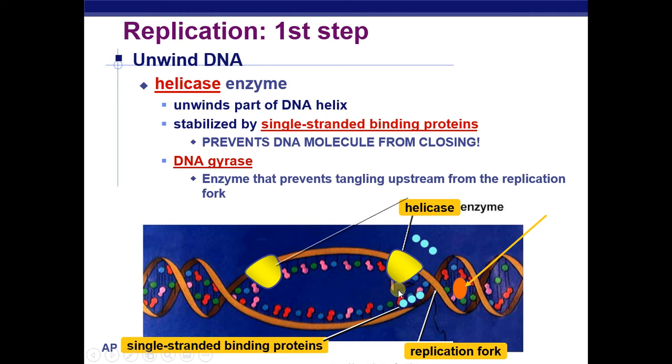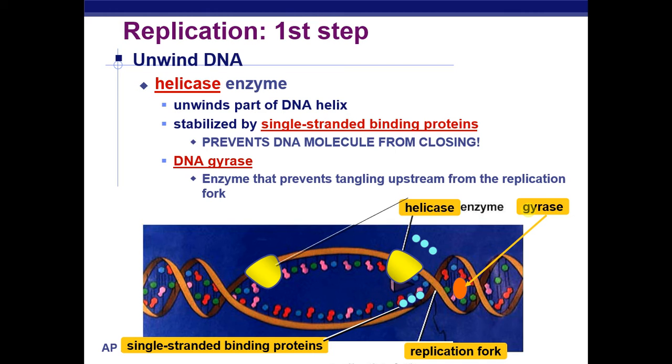And this site right here, right where helicase is actively unzipping and unwinding the DNA, we call the replication fork. Then right on the other side of the replication fork, you can see what we call DNA gyrase, an enzyme that prevents the DNA from tangling up and makes it a lot easier to unzip and unwind.